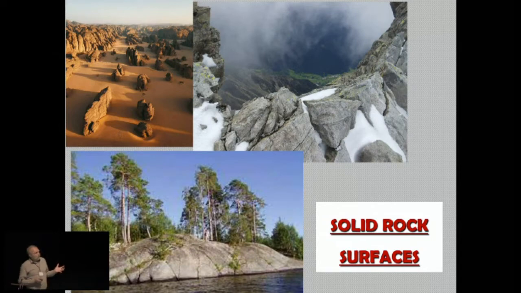However, there is a large class of objects formed on the surface of the lithosphere in contact with the climatic and biotic factors, which are solid rock surfaces. They are quite common, especially in the mountainous geosystems, but not only.